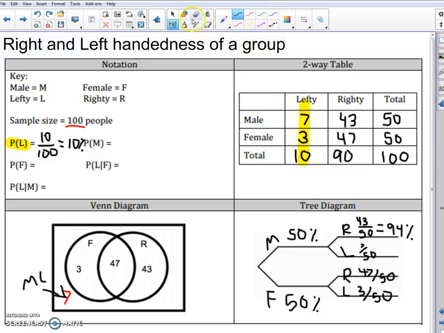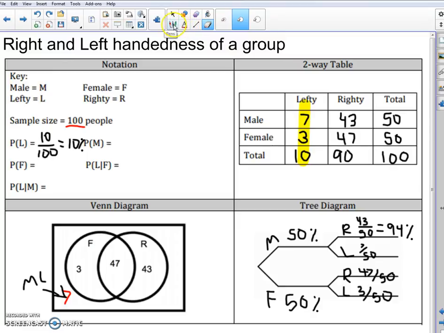Right? So now I want to go to probability of females. I was going to highlight it for you guys, but that's okay. We'll just leave it.